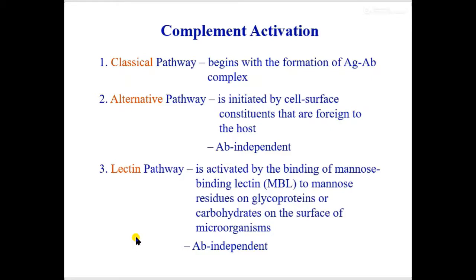Now, the alternative pathway is found mainly with different types of activators, for example, a polysaccharide from the yeast wall, that is zymosan, and sometimes cobra venom factor or nephritic factor.